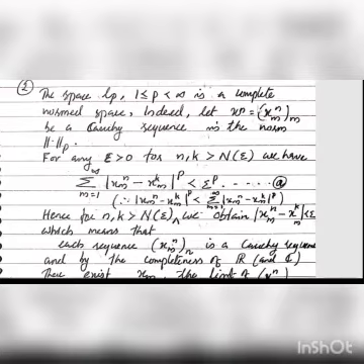This notation I am following from the text itself; actually, you can take it as x_nj or something like that.